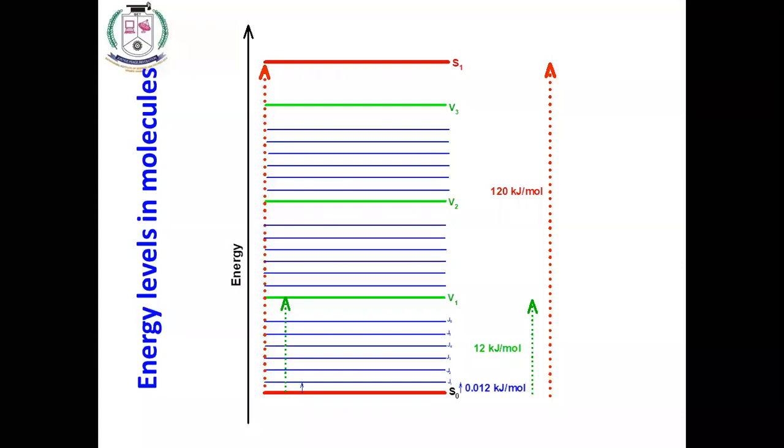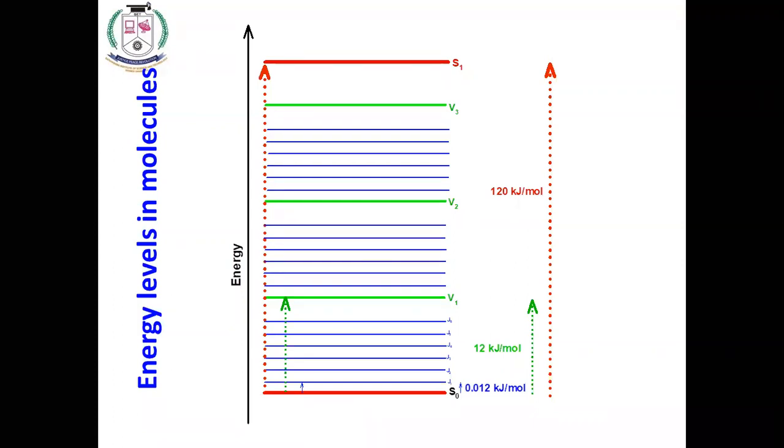See that, 1000 times. The rotational energy levels difference is 0.012 kilojoule per mole, but vibrational energy levels is 12 kilojoule per mole. Now, how many times is this? 1000 times.